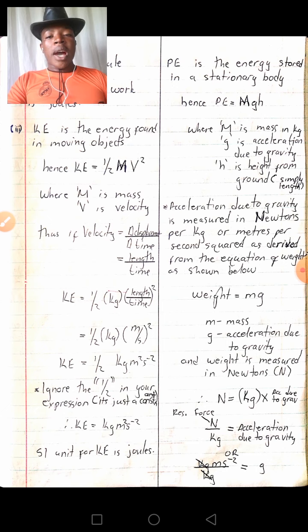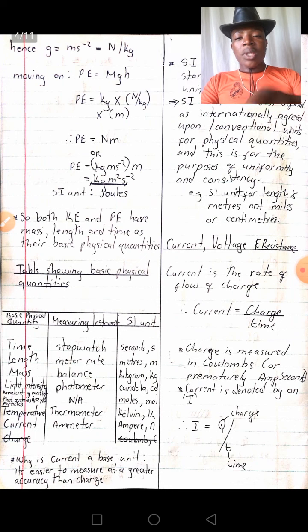Therefore, the SI units for resultant force are kg m s^-2. So you can substitute that N with kg m s^-2 and rewrite the equation for acceleration due to gravity. Therefore, g is equal to kg m s^-2 all over kg. You cancel out the kg's and you find that acceleration due to gravity is also equal to meters per second squared.